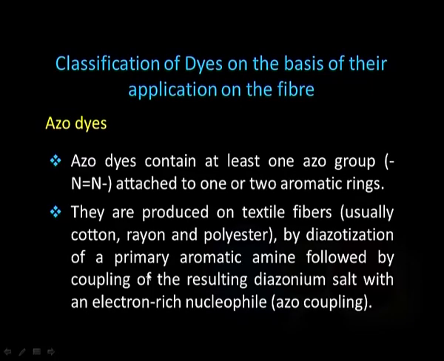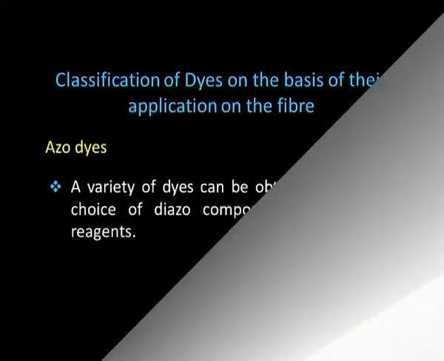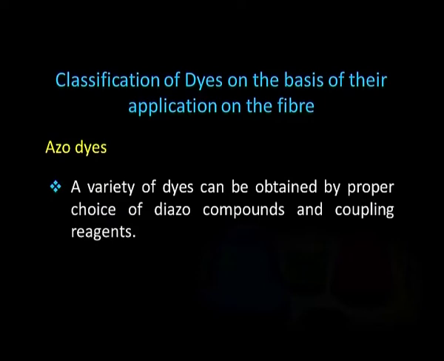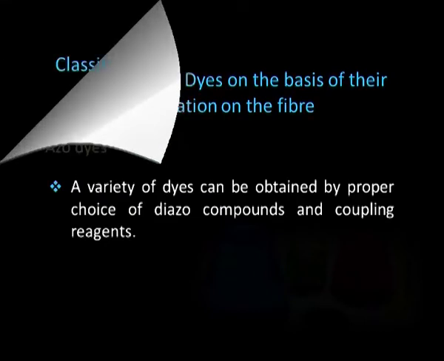They are produced on textile fiber, usually cotton, rayon and polyester, by diazotization of a primary aromatic amine followed by coupling of the resulting diazonium salt with an electron rich nucleophile, which is also called azo coupling. A variety of azo dyes can be obtained by proper choice of diazo compound and coupling reagents.